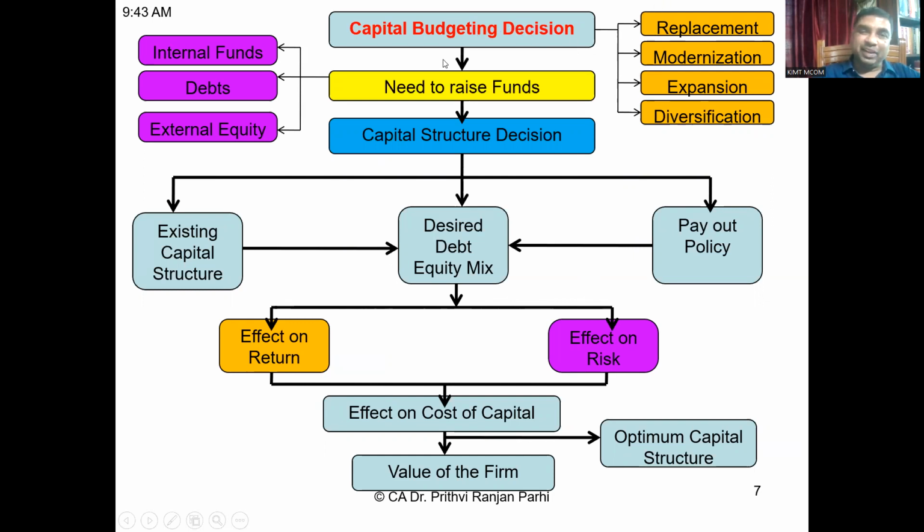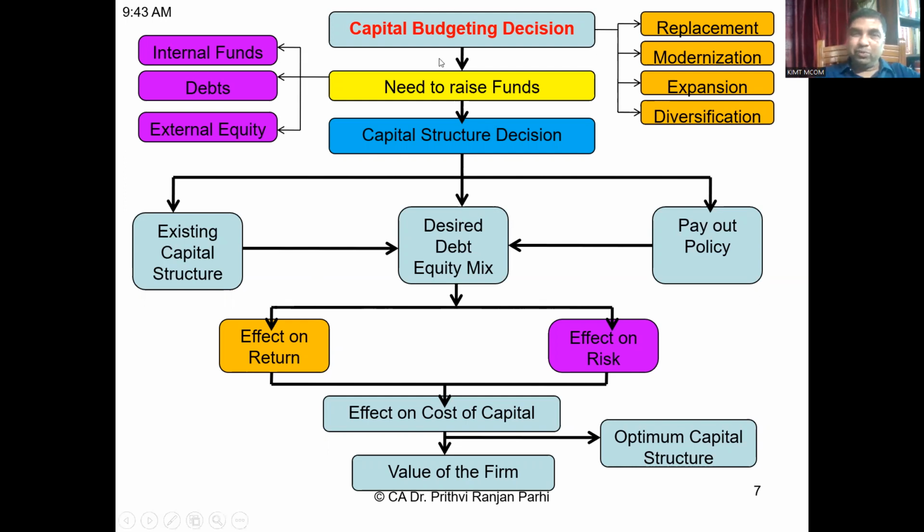And this money has to be raised through finance. Now, you have to think about the source of money. This is the requirement, and these are the possible sources. Internal funds, that means reserves. If money is available, that is a source. Debt is another source. External equity, that is issuing new equity, is one more source.